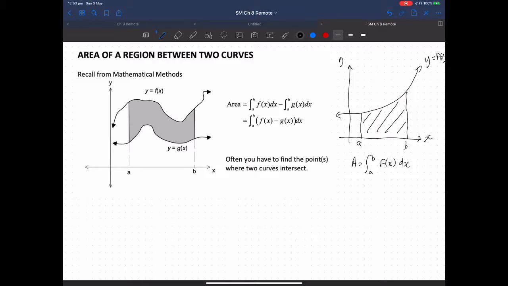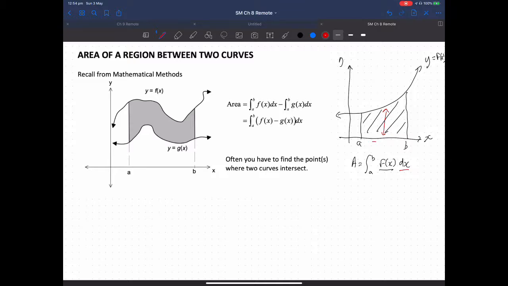So fx represents the height of a rectangle. Dx was the width of the rectangles. So when you're working out a rectangle, it is its height by its width, and we were adding together an infinite sum of those to get the area under the curve.